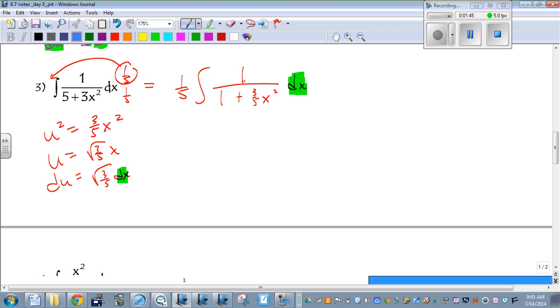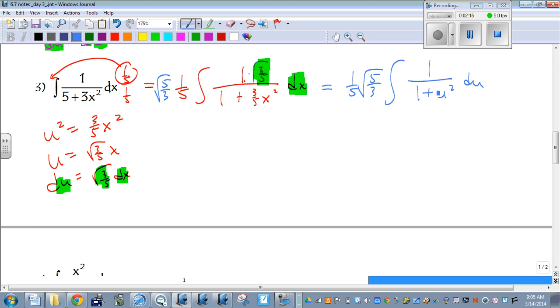So we're going to multiply the inside by square root of 3/5, which means we have to multiply the outside by square root of 5/3. And now we have all we need for our du. So we end up with 1/5 times square root of 5/3 times the antiderivative of 1 over 1 plus u squared du.